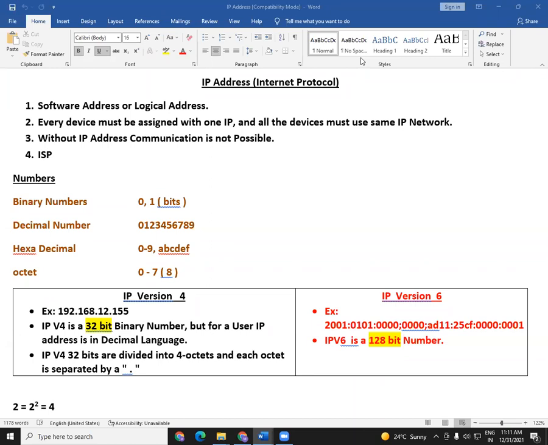And one more thing, the hexadecimal number. A hexadecimal number is a combination of decimal values as well as some alphabets, that is A to F. And the last thing here is the octet.